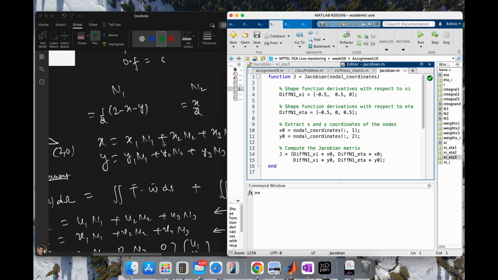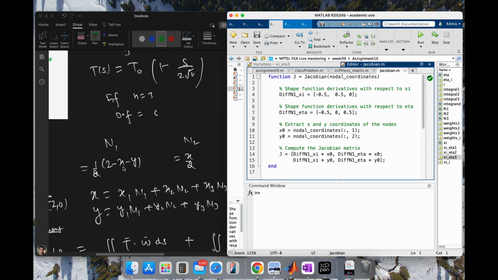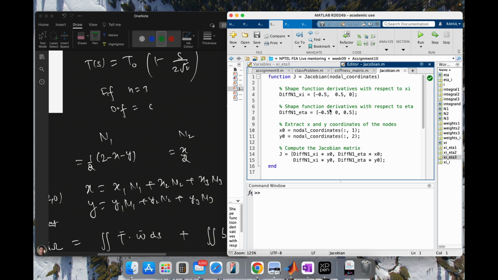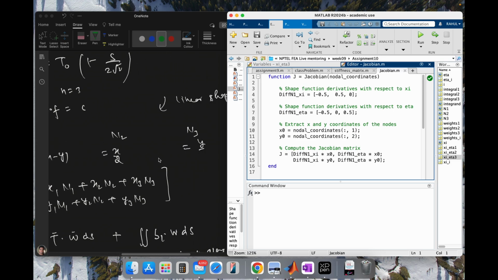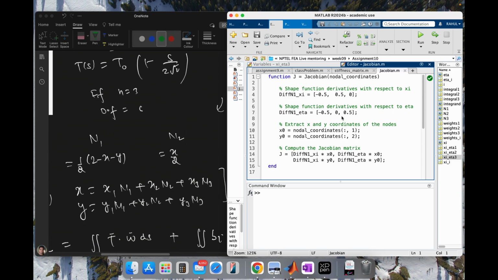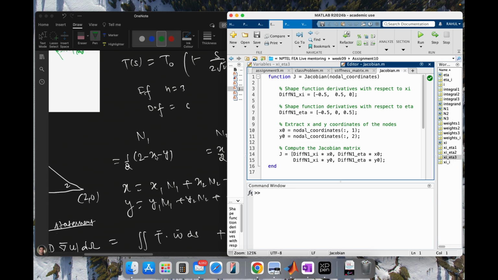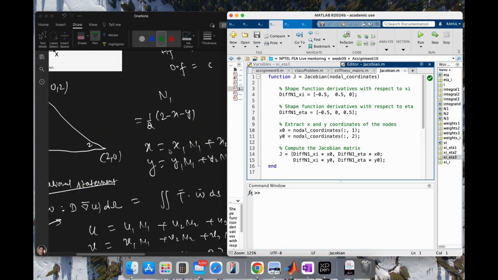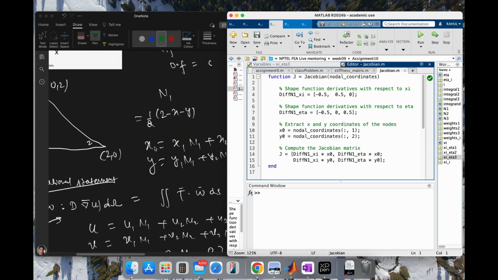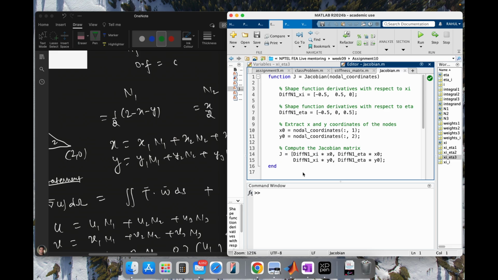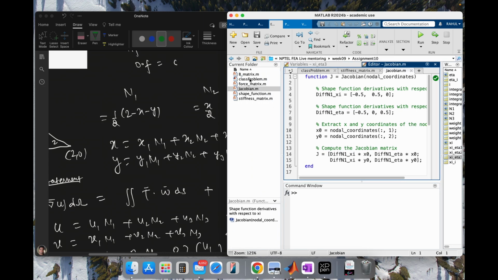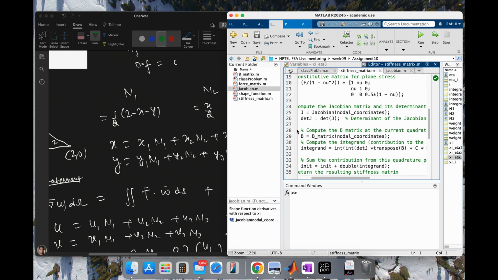But in this case, since x is zeta and y is eta, when you partially differentiate this, it will become minus 0.5, 0, 0, and then minus 0.5, 0, and 0.5, and then it will be multiplied with the nodal coordinates. In this way we will get the Jacobian.